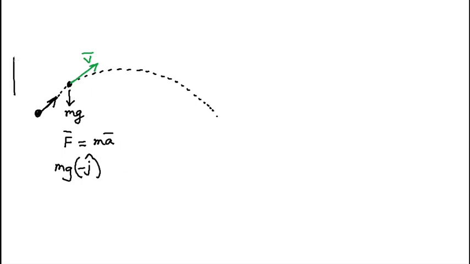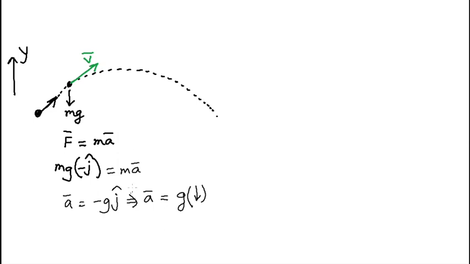Of course, I am assuming here that my y-axis is upward positive, and this is equal to mass times the acceleration. Now this simply means that the acceleration is minus g times j cap, which is the same thing as saying the acceleration is g, which is roughly 9.8 meters per second square, in the downward direction.